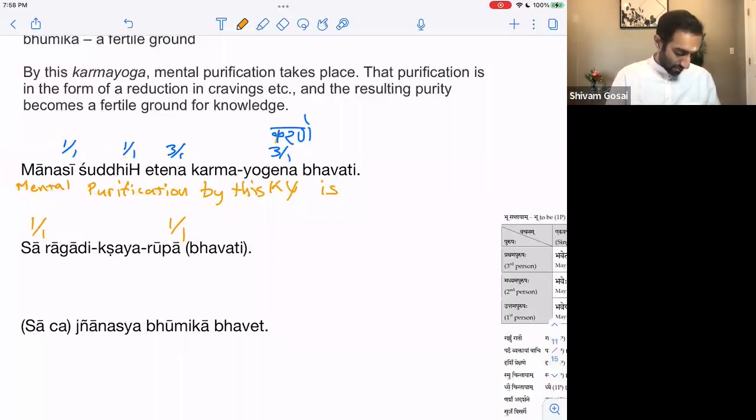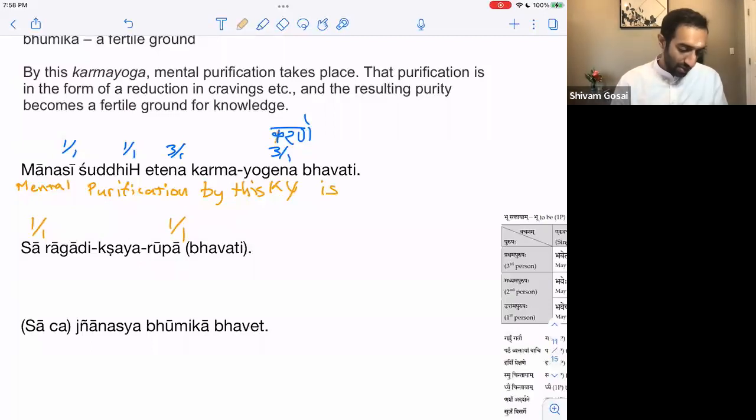Remember, shuddhi, strilinga. We're still talking about shuddhi, purification, manasi shuddhi. It's referring to shuddhi. So that purification is rupa.